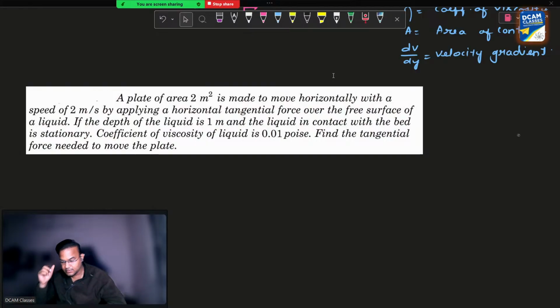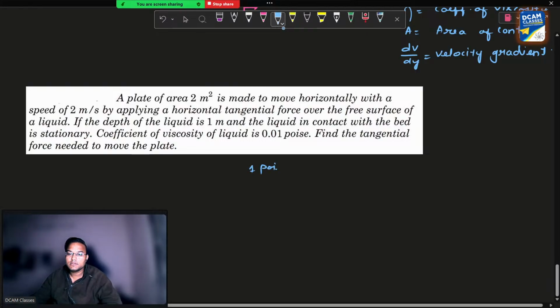Poise is in CGS, no? Yes. They have given everything in meters, 2 meter per second, 0.01. Correct. You will have to convert it because one poise is equal to 0.1 Pascal second.